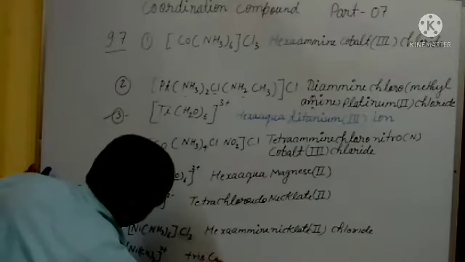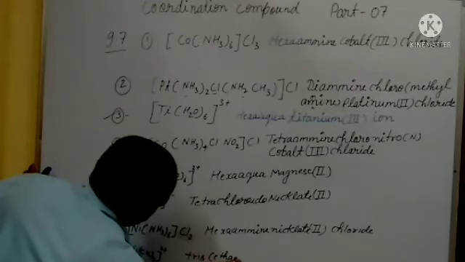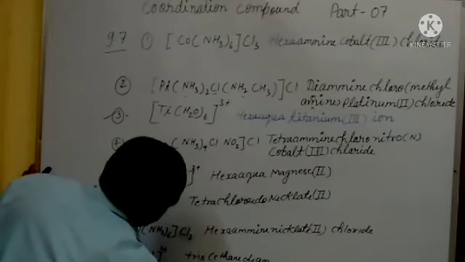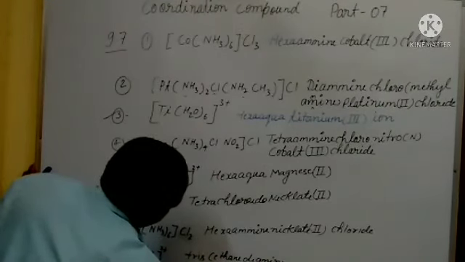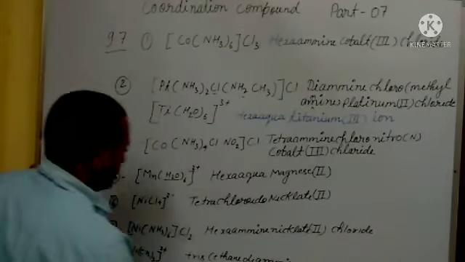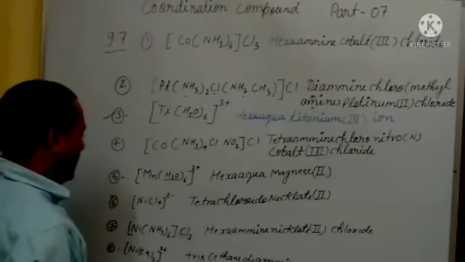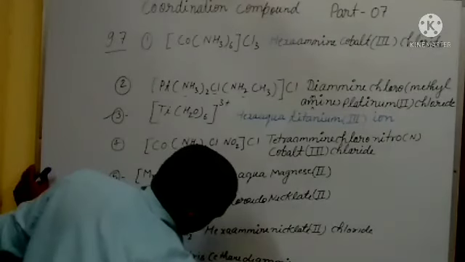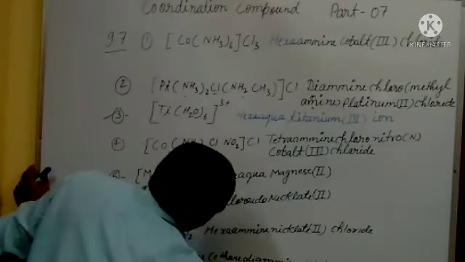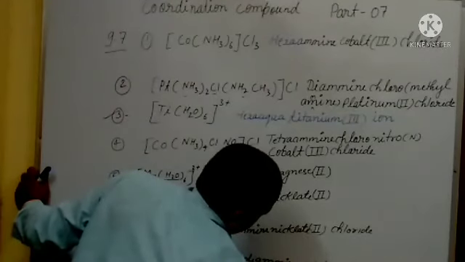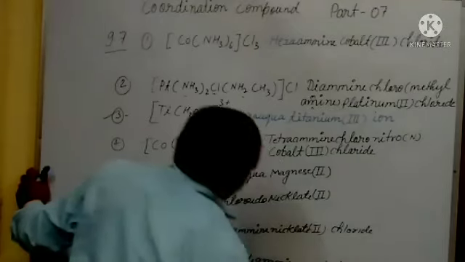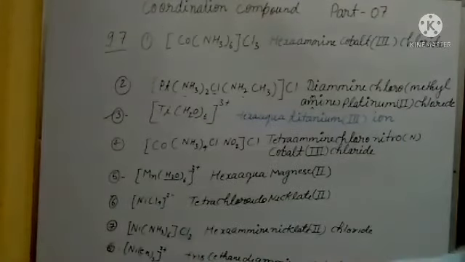Tris in brackets, ethane-1,2-diamine. We will close the bracket: tris(ethane-1,2-diamine) nickel(III).